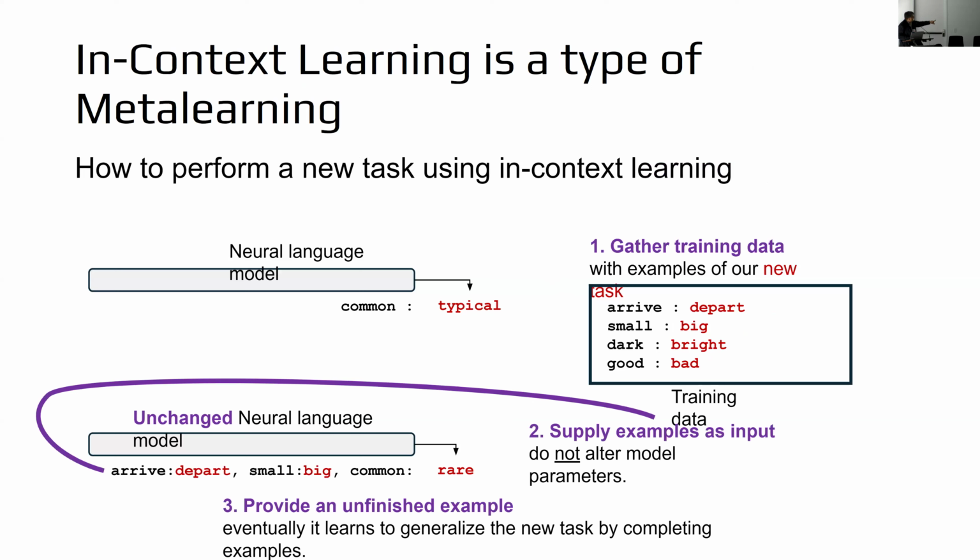So here we have analogy inputs, like arrive goes to depart, small goes to big, common goes to rare, provided as input. Then when we take our final question, which is what does common go to, we leave that unfinished, and the model has to predict the next word. And if it gets the idea of the pattern that we're demonstrating in the inputs, then it will do this task.